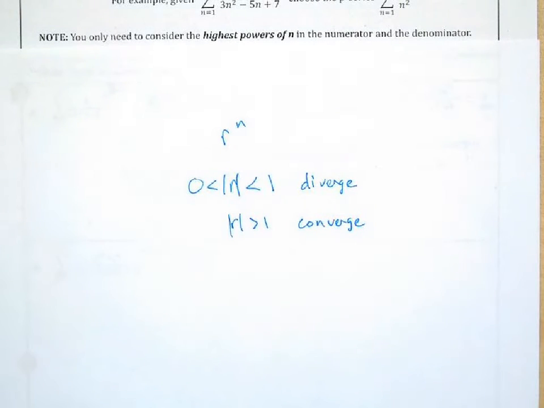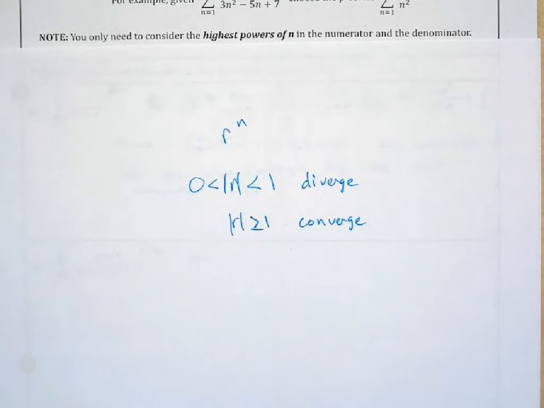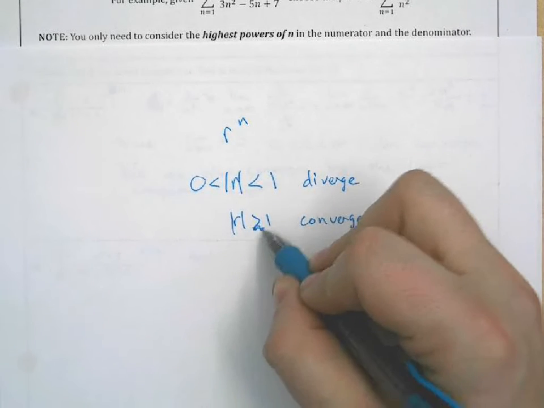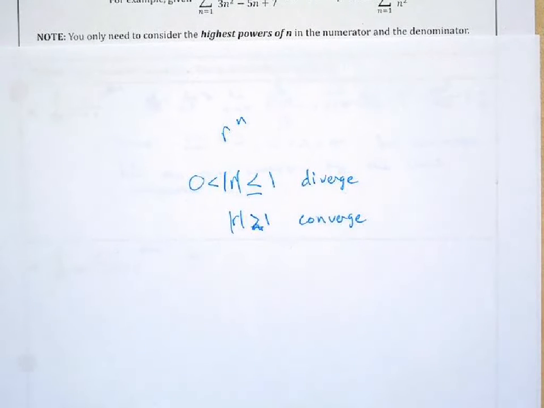Equals 1 is tricky because 1 to the n is 1. So if it equals 1, it actually diverges. If I was looking at 1 to the n and adding this over and over, 1 plus 1 plus 1 plus 1 just keeps going up. So that would diverge.